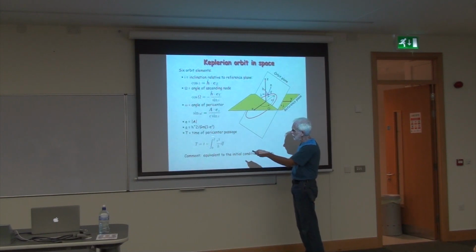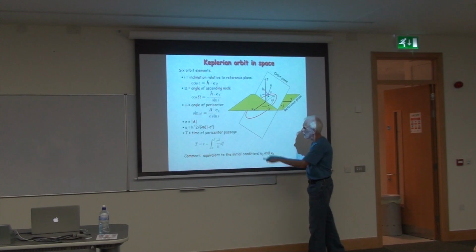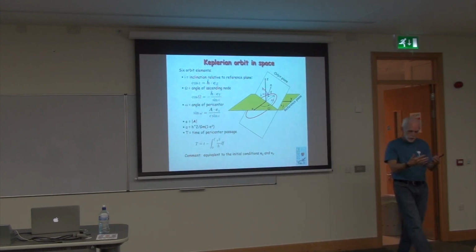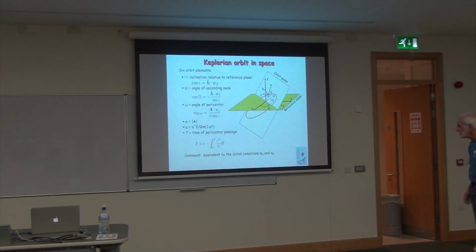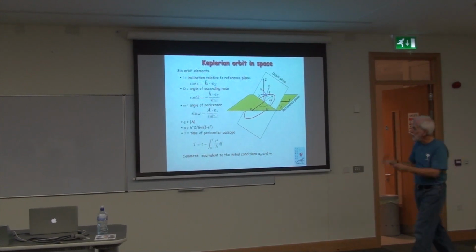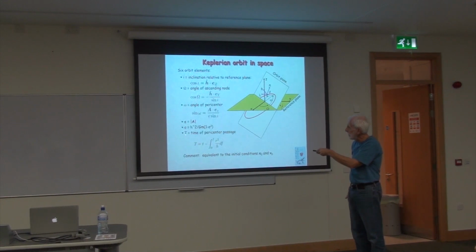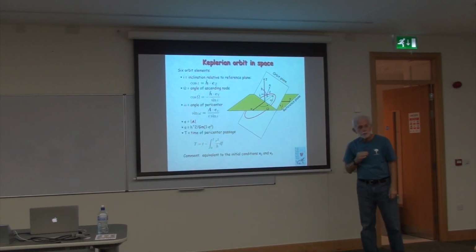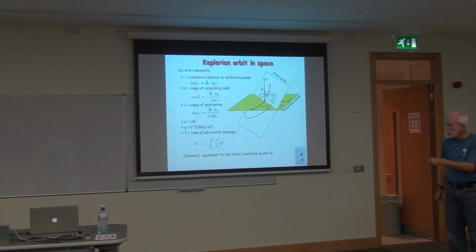And that's defined in a particular way as an integral of the true anomaly from 0 to the true anomaly where you are at that particular moment of time. So these 6 constants, I, omega, little omega, e, a, and T, are completely equivalent to the 6 initial conditions of the orbit.